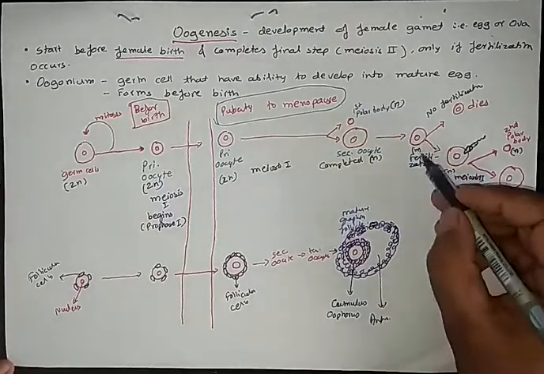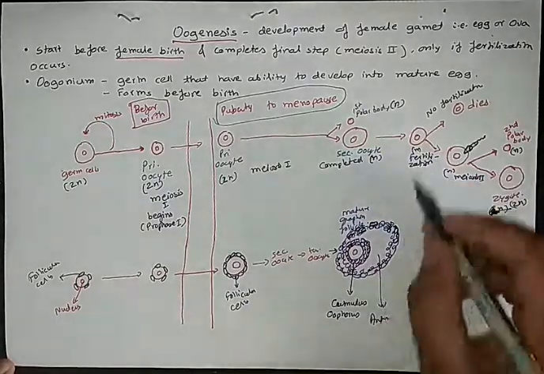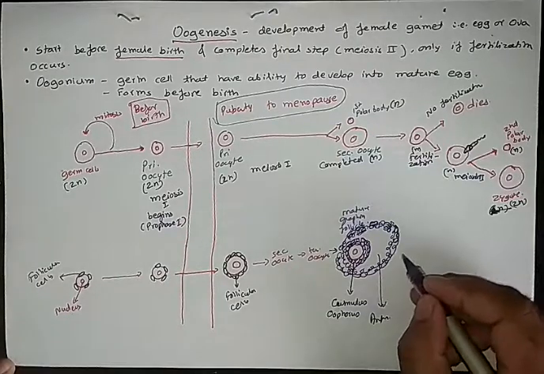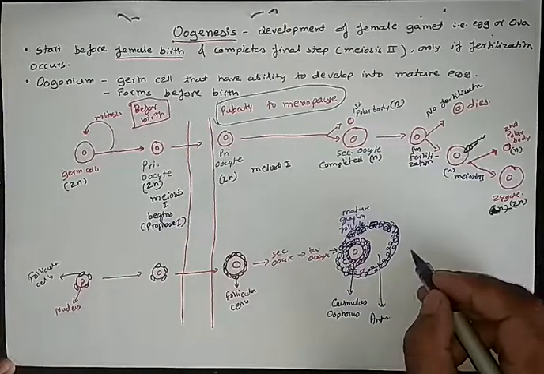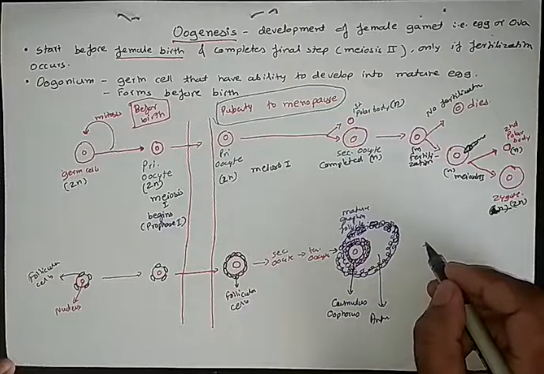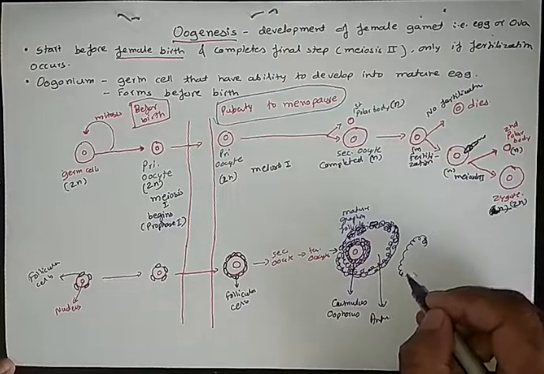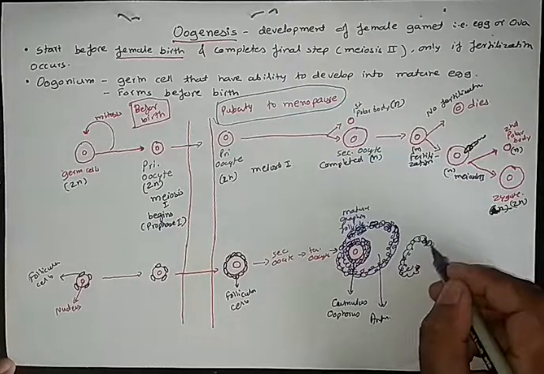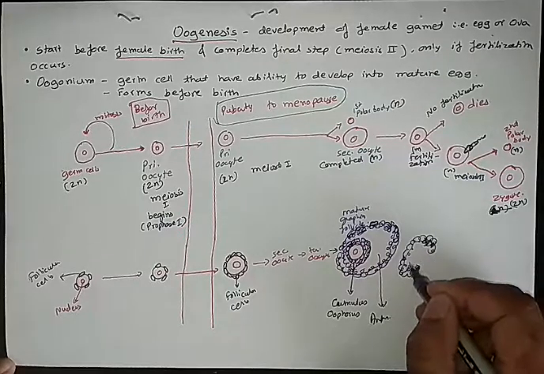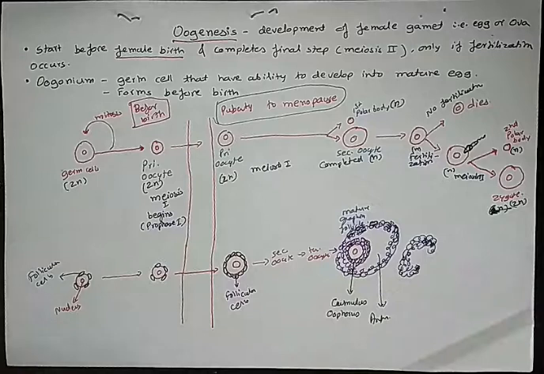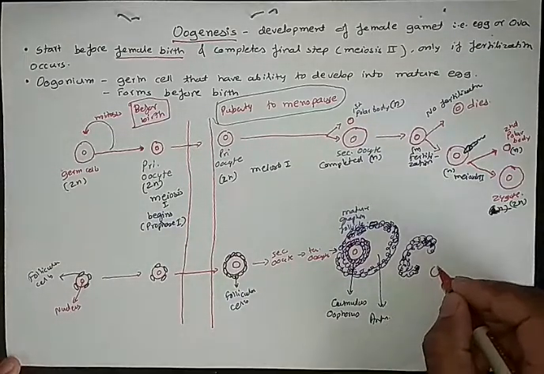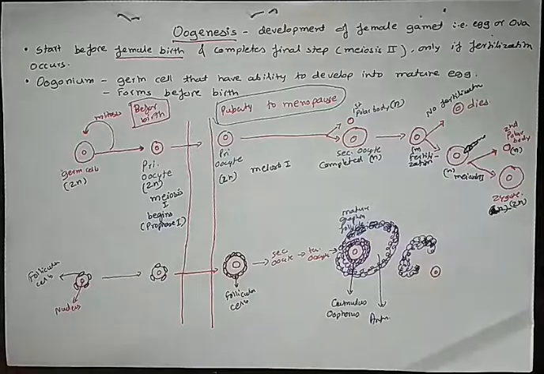And this is the ovulation phase. In the ovulation phase, from this Graafian follicle the egg comes out.